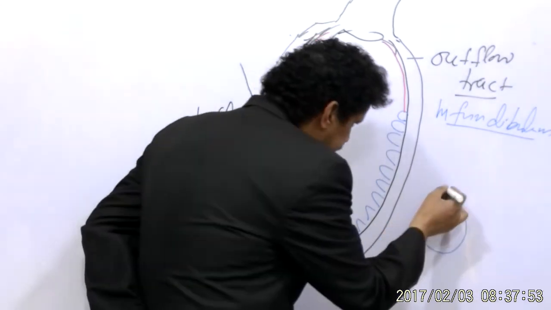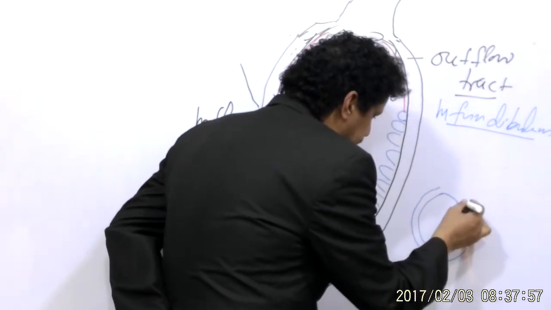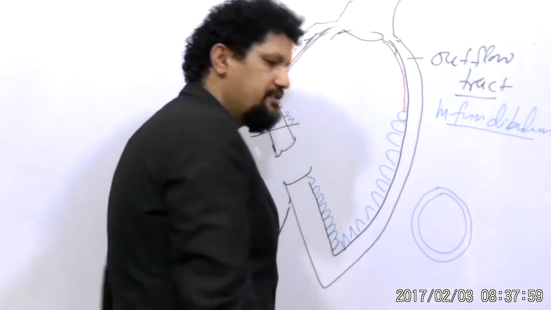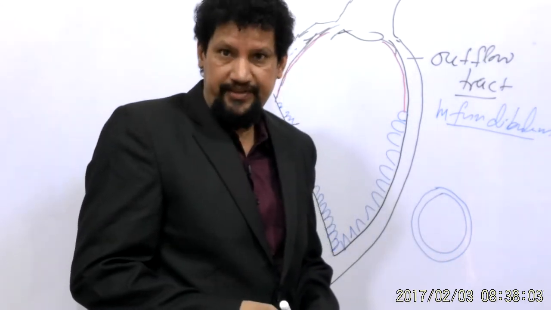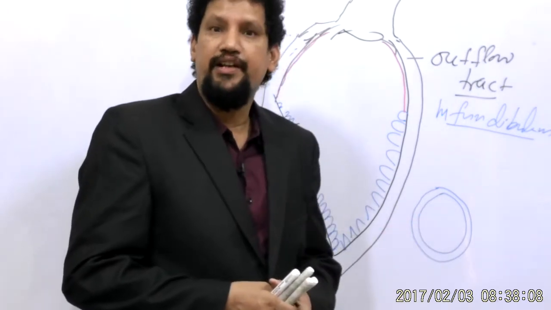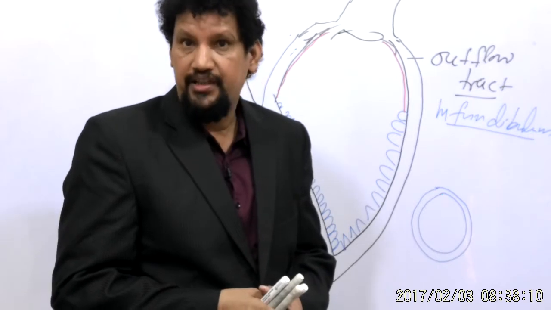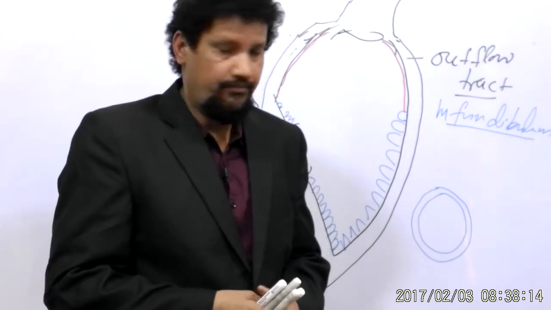It is having an opening, circular or oval, according to the phase of cardiac cycle. So the shape of this tricuspid orifice changes according to the phase of the cardiac cycle. It may be circular, it may be oval.